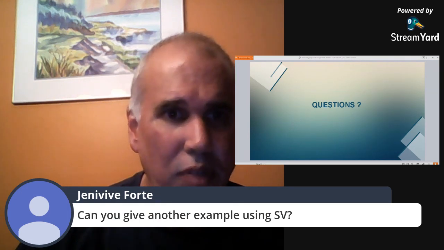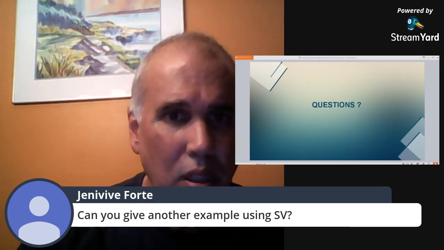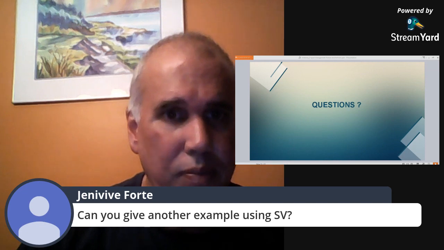Can you give another example using a schedule variance? Well, I don't know what another example is really going to do at this time. I'm really not prepared to make one up off the cuff. But if I can give it a shot real quickly.